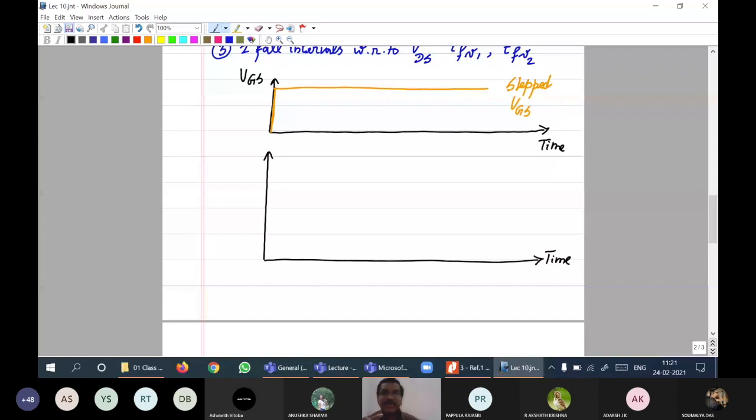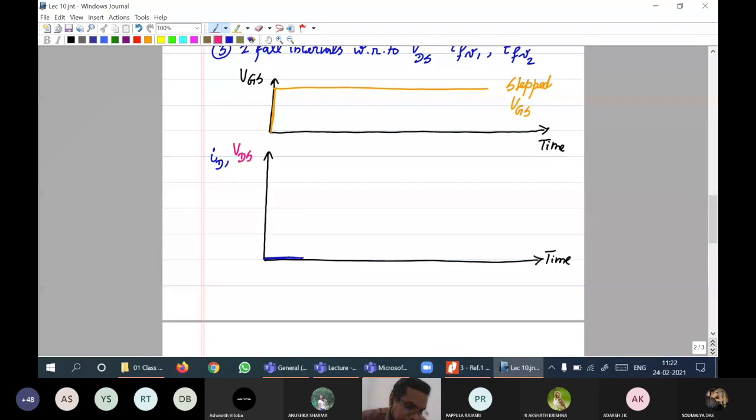So firstly, TD on, delay time, during which nothing is going to happen to the drain current, only till VGS threshold; after VGS threshold something happens. So if I plot, ID is going to be 0. Blue color waveform is ID, and I will use a contrasting color for VDS, which will probably be a darker pink, VDS.